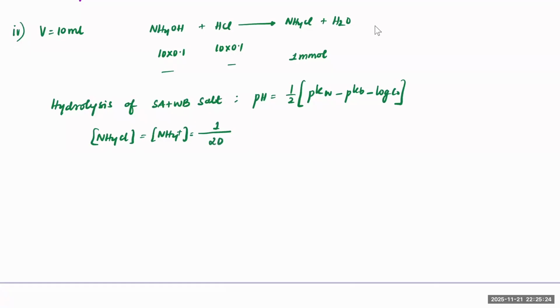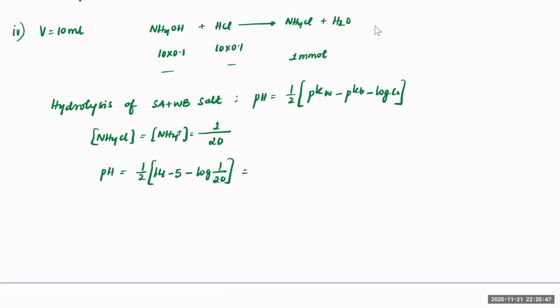Total volume now added is 20 ml. So this is 1 by 20. So pH will be equal to half of pKw, which is 14, minus 5, minus log of 1 by 20.